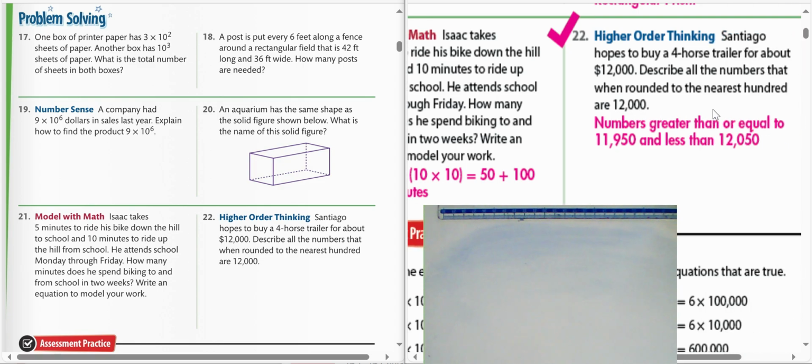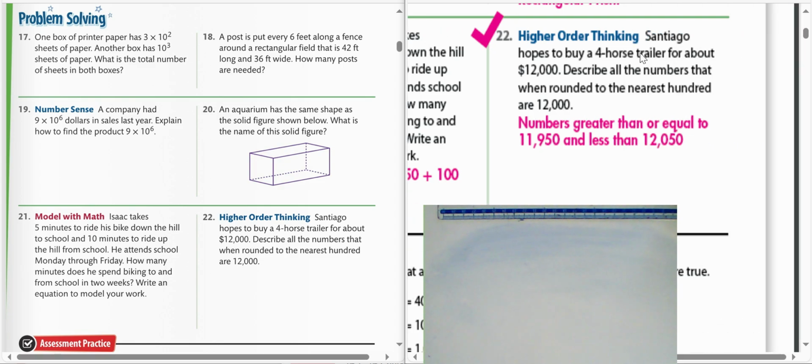Question 22. Higher order thinking. Santiago hopes to pay for horse trailing about $12,000. Describe all the numbers that round to 12,000 when rounded to the nearest hundred. We can write numbers greater than or equal to 11,950.